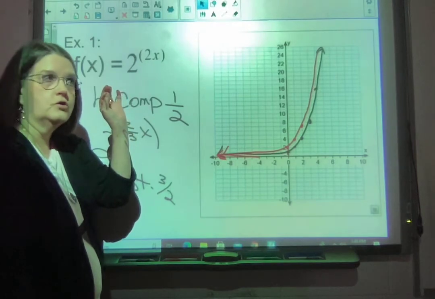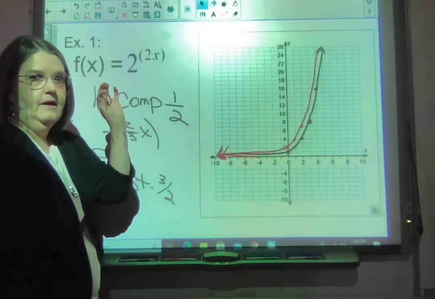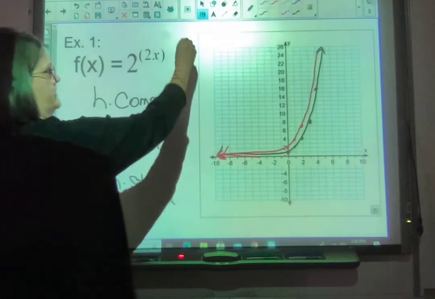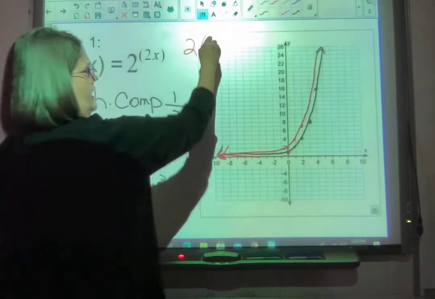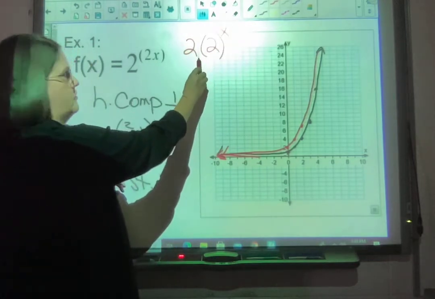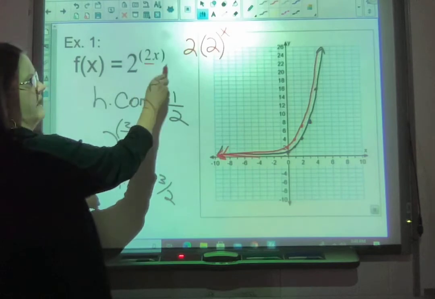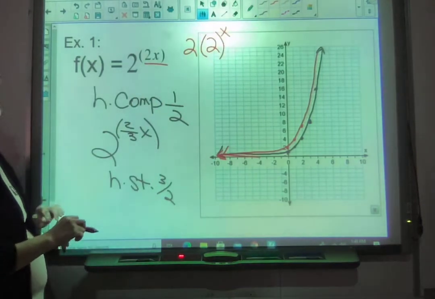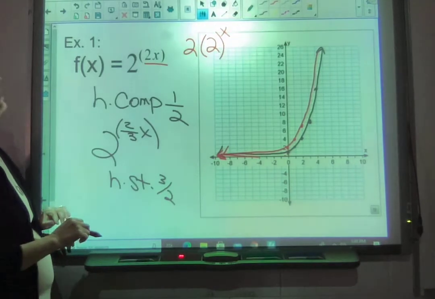When we do vertical stretches, which we did yesterday, a vertical stretch of 2 will look like 2 times 2 to the x. The 2 will be out front. That's a vertical stretch. When it's inside the parentheses like this one is, that's not a vertical movement, that's horizontal. And it's not a stretch, it's a compression.